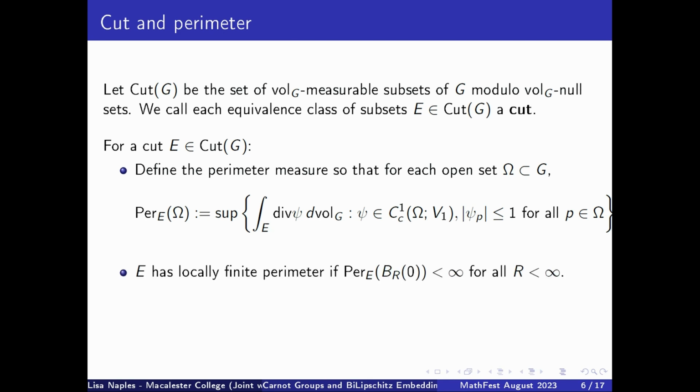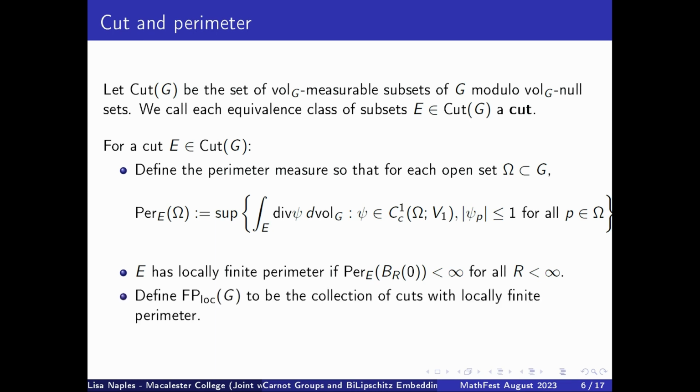We say that E has locally finite perimeter if the perimeter measure assigned to any ball of radius r is finite. And we are mostly going to be working in the collection of cuts Cut_loc(G), so this is the collection of cuts with locally finite perimeter.